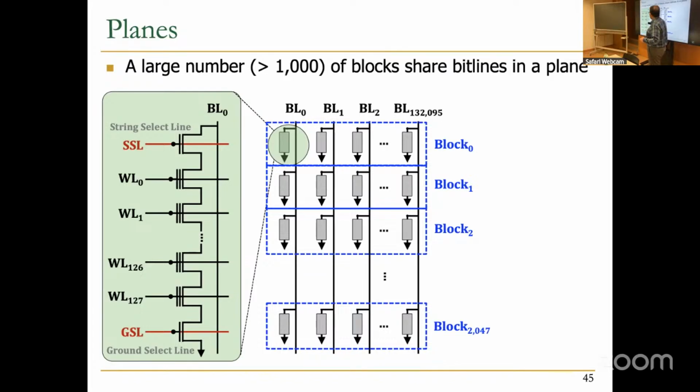If this NAND string needs to be connected to the bit line, we turn on the SSL and GSL transistors, and for other NAND strings these two transistors should be off to make sure that we don't have interference across. So like the beginning and the end of each block. Yes, exactly.